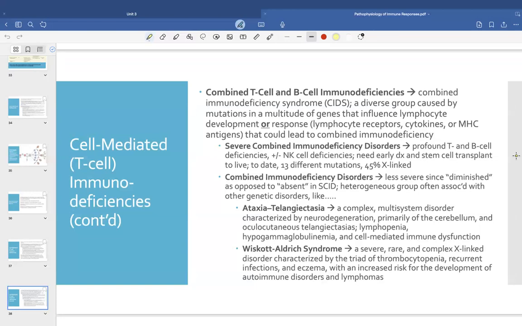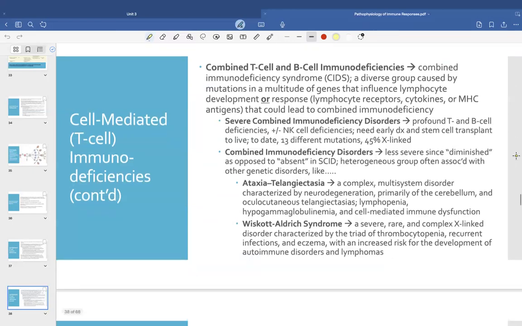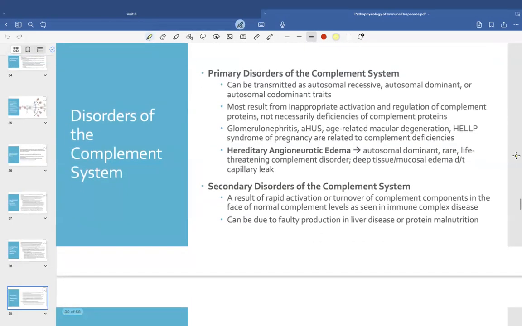Okay, if you have disorders in complement, again, primary and secondary. Your primary can be autosomal recessive, autosomal dominant, or codominant, so a large spectrum there as well. It has to do with inappropriate activation as well as regulation of complement, not so much a deficiency as opposed to activation and regulation.